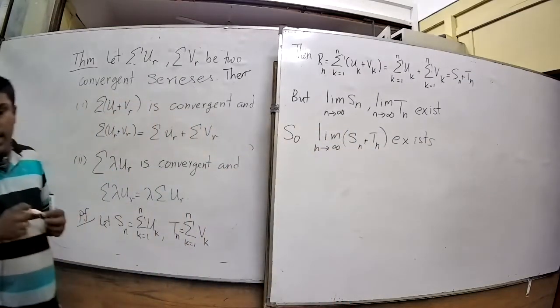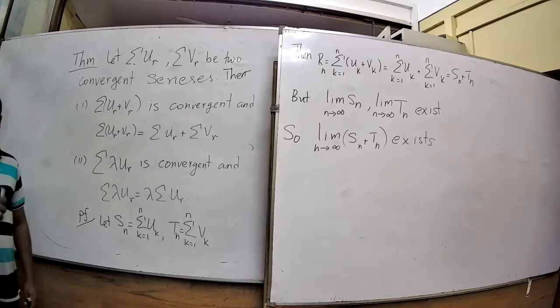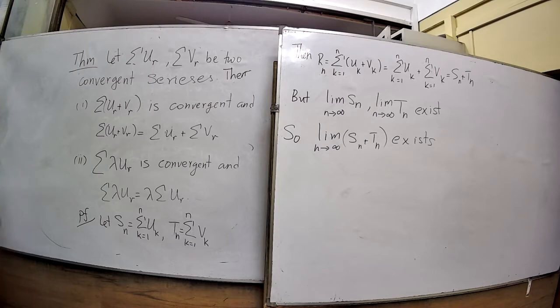With this, we studied in chapter 2, right? If the limit of a sequence x_n and the limit of a sequence y_n exist, then the limit of x_n plus y_n also exists.